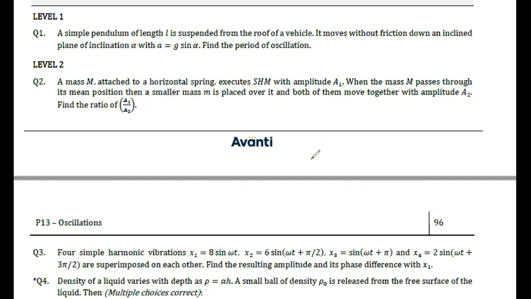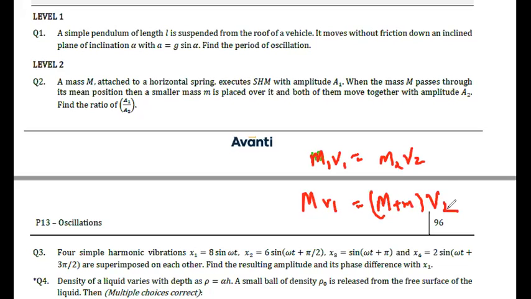We are used to solving this kind of problem: m1 v1 should be equal to m2 v2. So here, capital M v1 should be equal to capital M plus small m into v2.